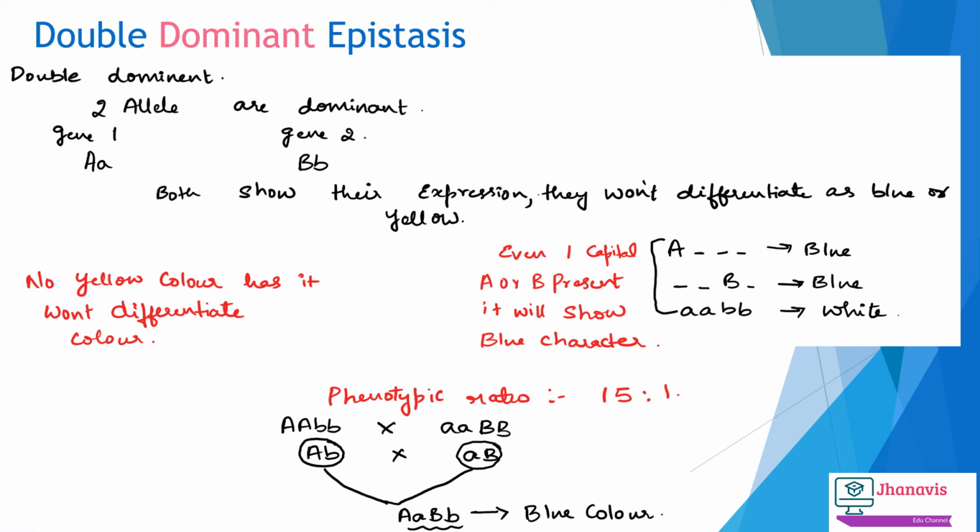Because of the capital B or capital A being present, it will always code for a blue color flower. Only one capital A in the allelic form will show you a blue color flower. If one capital B is present in your allelic form, then also it will show you a blue color flower. In this case, it won't differentiate into yellow. So the phenotypic ratio will be 15:1. 15 blue color and 1 will be white colored flower.